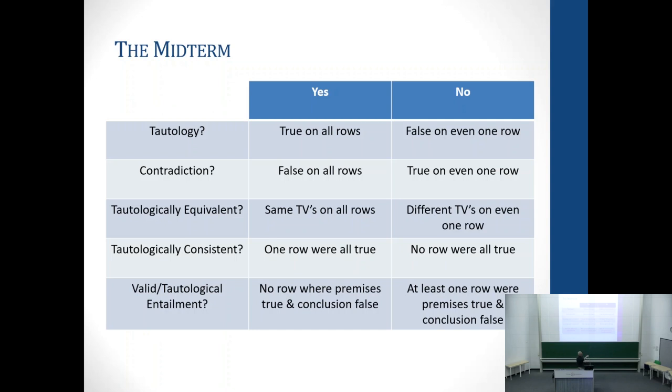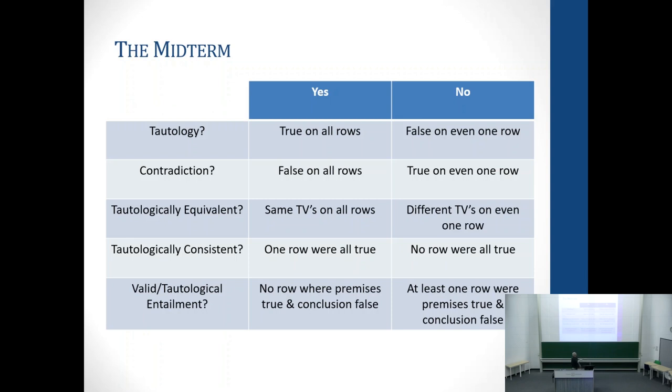But if it's false on even one, you know it's not a tautology. On the flip side, to show that it is a contradiction, it needs to be false in every row. If it's true even once, it's not a contradiction. To show that sentences are tautologically equivalent, they need to have the same truth value in every single row. If there's even one where they differ, then they are not equivalent.